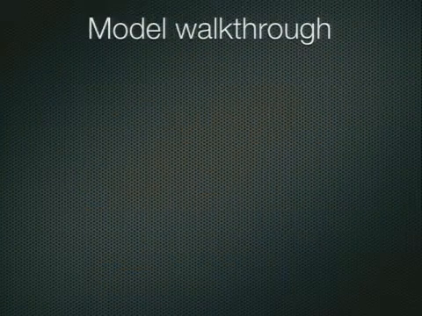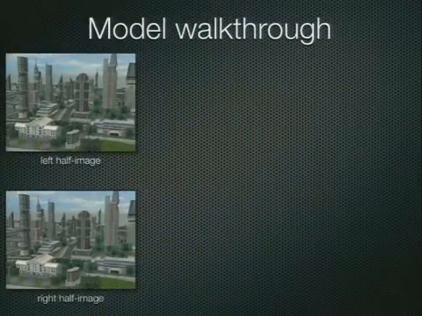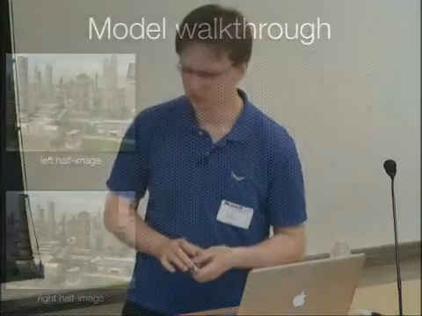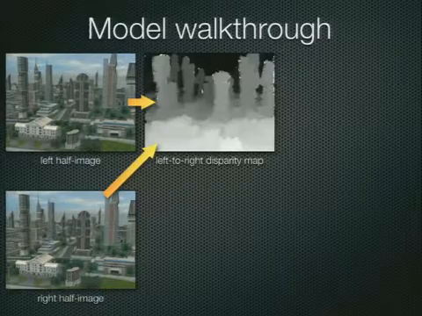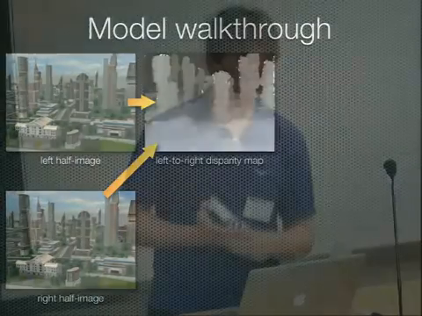So our model consists of 3 stages. The first stage starts with the left and right input images, and applies an optical blur to mimic the optical properties of the human eye. So this blur is very small and removes high frequency details. The second step computes disparity maps using normalized cross correlation.